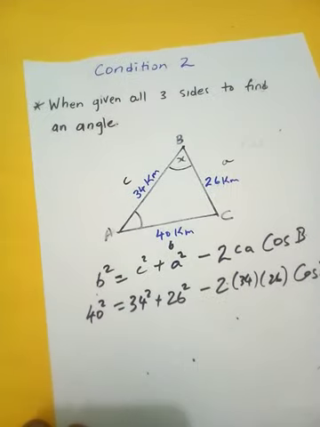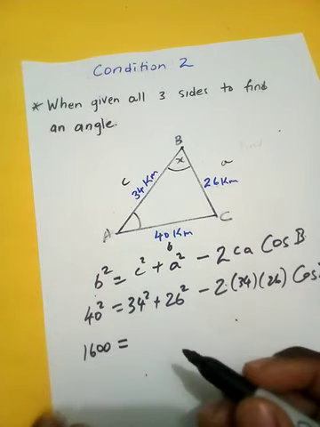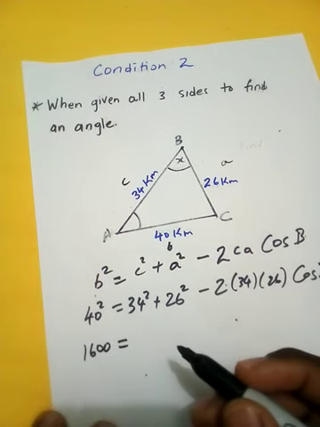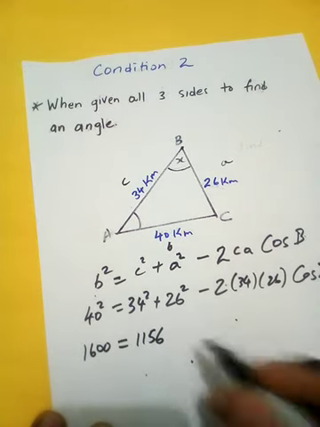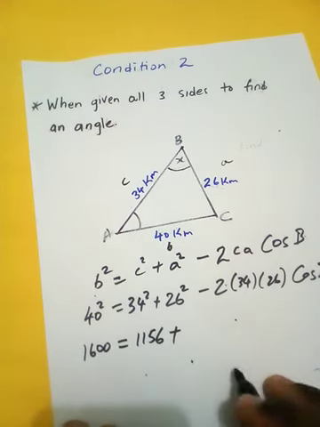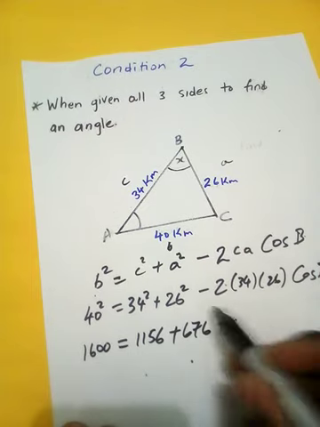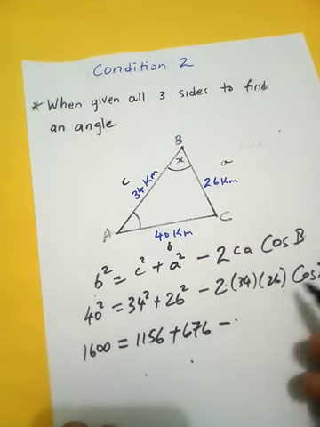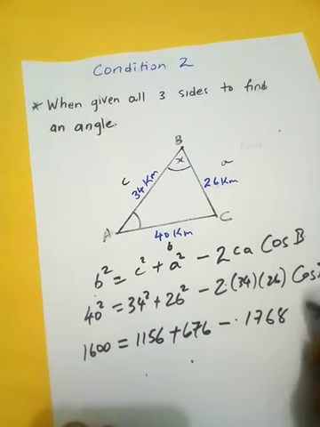Doing our calculations, 40 squared works out to be 1600, equals 34 squared, which works out to be 1156, plus 26 squared, which works out to be 676, minus 2 times 34 times 26, which works out to be 1768 cos x, because angle x is what we're trying to find.